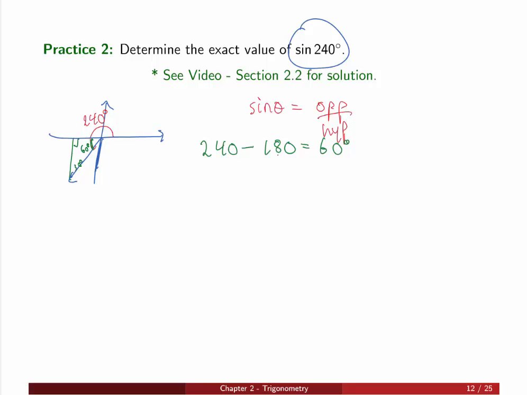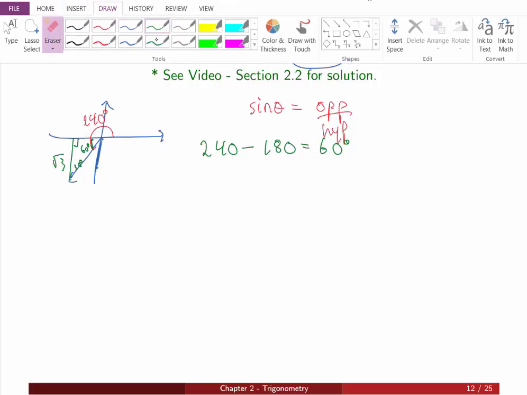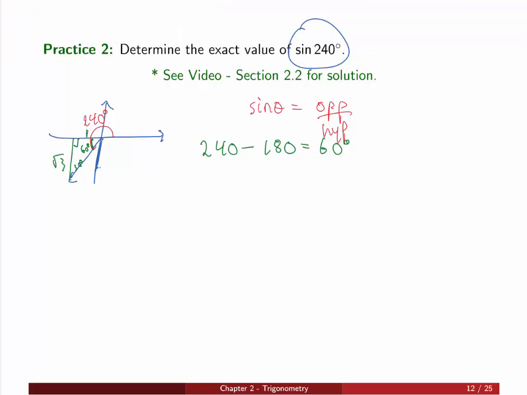So this actually is a 60, 30, 90 special triangle. The value adjacent to the 30 degree is root 3. Oh, sorry, that 2 should be a 1, and then this is actually a 2. That's special triangles from section 2.1.